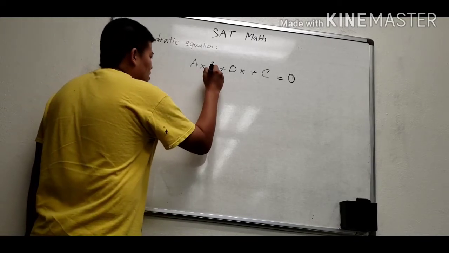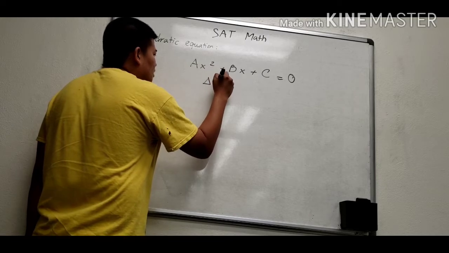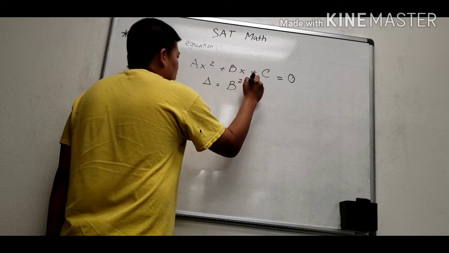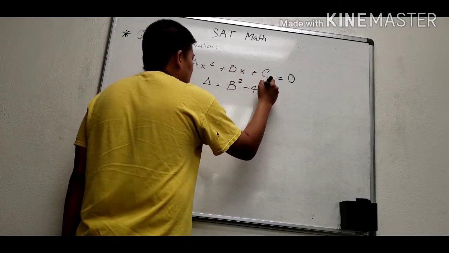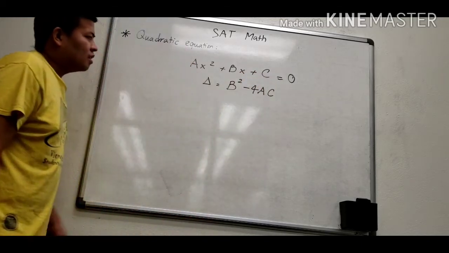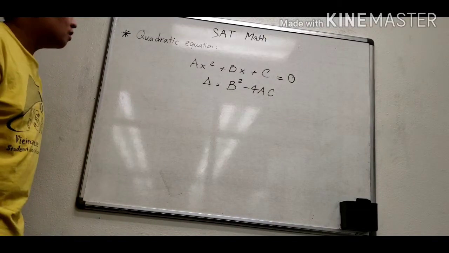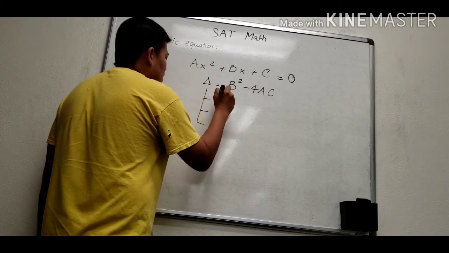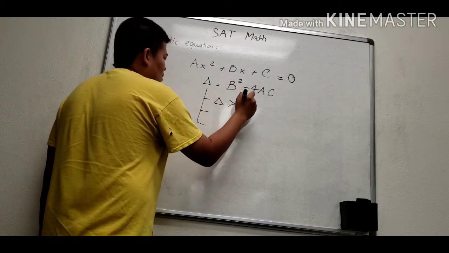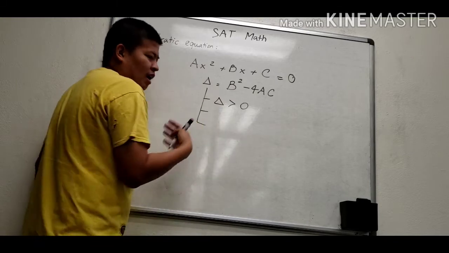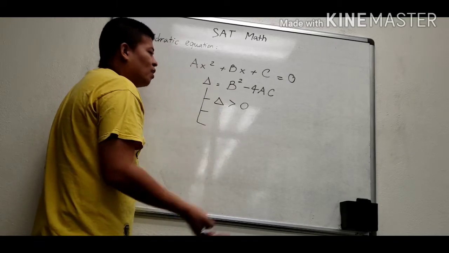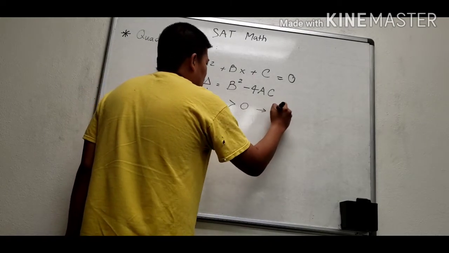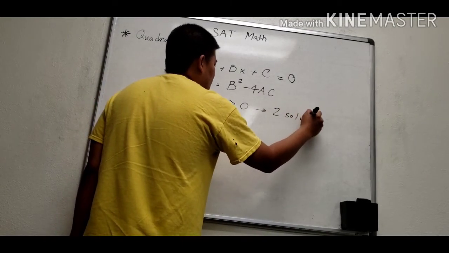The formula first, we have the delta. We have b squared minus 4ac. This is the first thing we need to learn. And in here, I will show you, if the delta is more than 0, for example, they have plus 4, plus 3, plus 1, they will have two solutions.